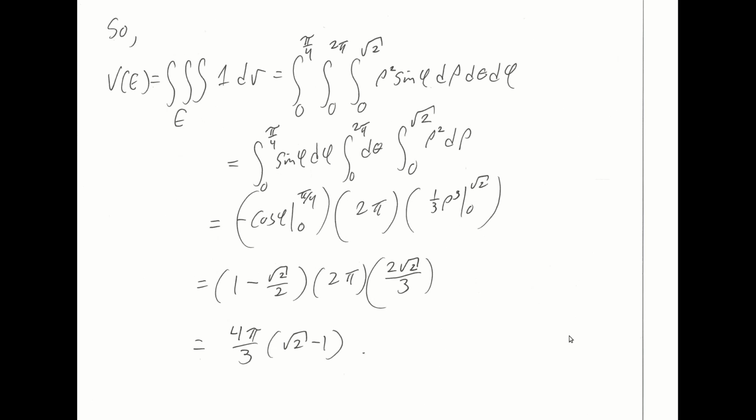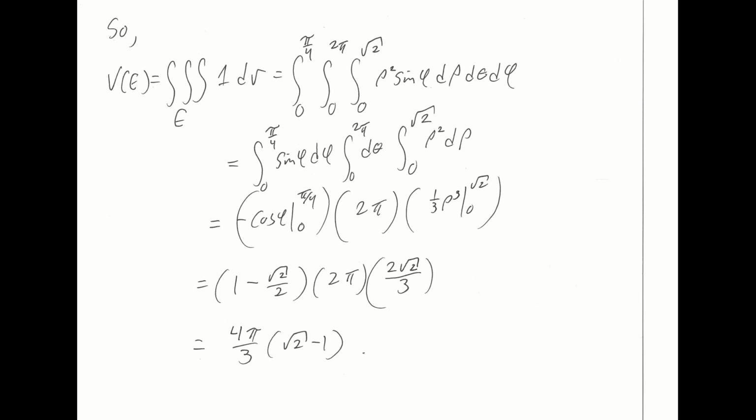So we can now compute the volume of this region as an iterated integral in spherical coordinates. The volume of E is always the triple integral of 1 over E. Written as an iterated integral in spherical, we've got rho going from 0 to root 2, theta going from 0 to 2 pi, and phi going from 0 to pi over 4.